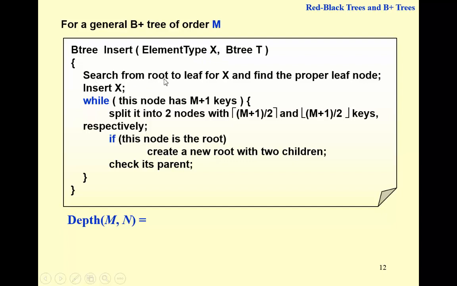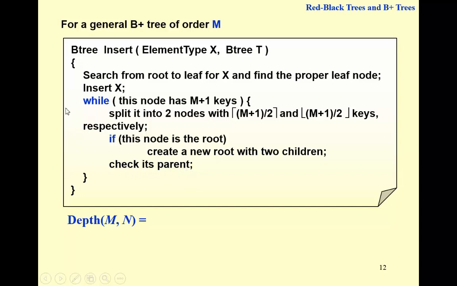So we search from root to leaf for x and find the proper leaf node and make the insertion first. And then check if this node has an overflow, if this node has m plus 1 keys. We just split it into two nodes and check its parent. It means that we have to rearrange the keys in its parent.